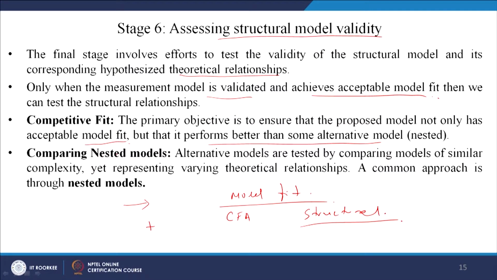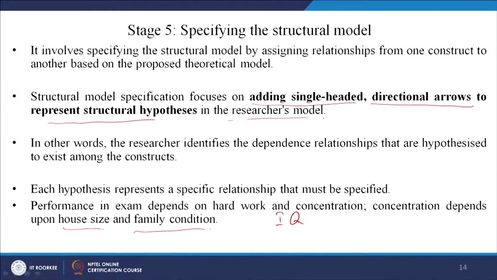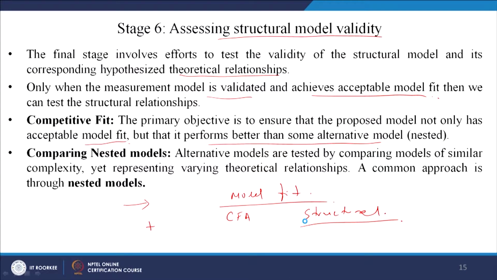When you add a variable or delete a variable, the new model is called a nested model, or sometimes a rival model. So, this nested model needs to be checked. Alternative models are tested by comparing models of similar complexity yet representing varying theoretical relationships.